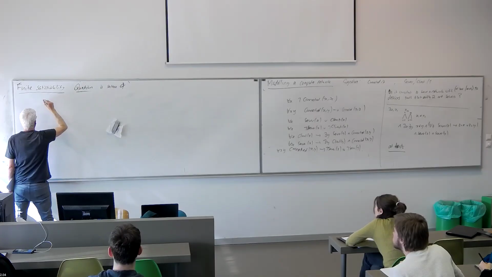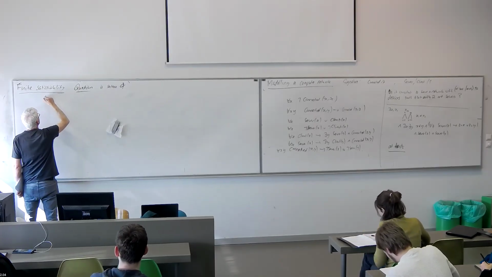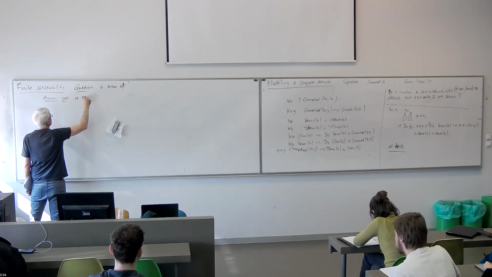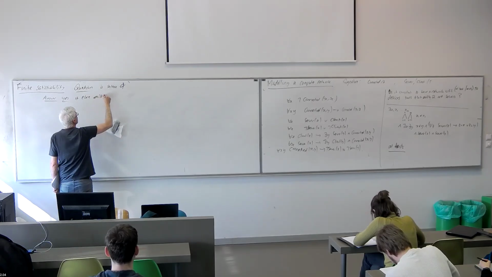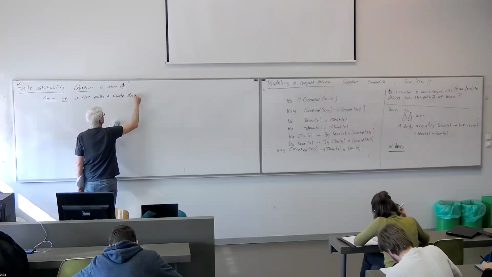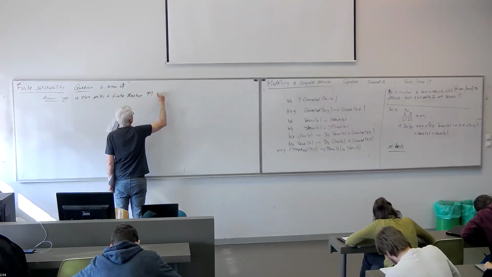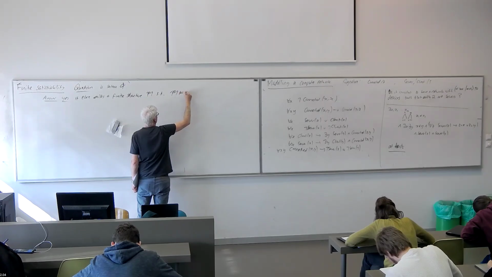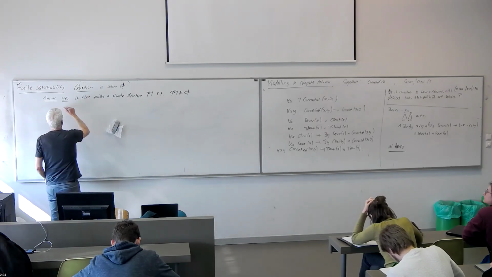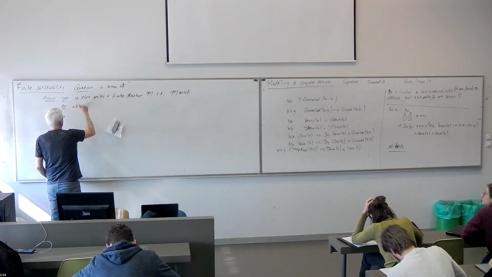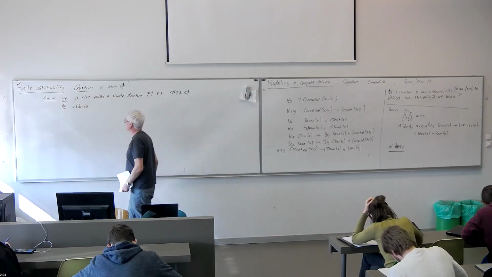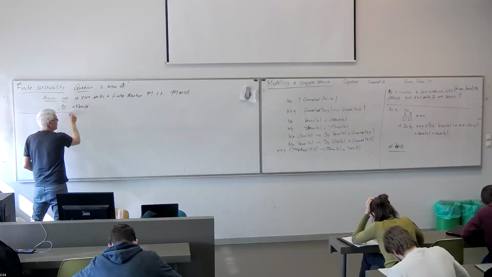And the answer that we want is yes if there exists a finite structure M such that M satisfies phi, where finite just means its underlying set is a finite set, and no otherwise. So that's the problem.